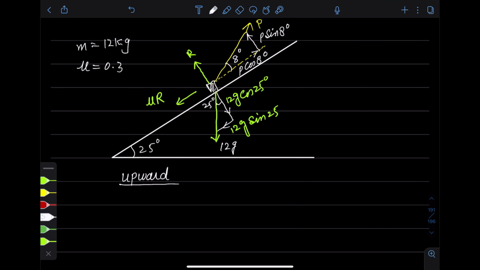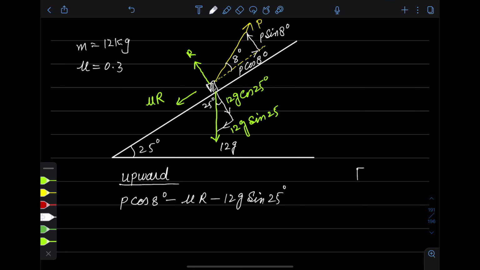Component of P along the plane P cos 8 degree माइनस म्यू आर. माइनस का साइन इसलिए क्योंकि म्यू आर अपोज करती है फ्रिक्शन. माइनस एम जी, एम इज गिवन दैट इज 12 जी साइन 25 डिग्री. 12 जी साइन 25 degree. This is m.